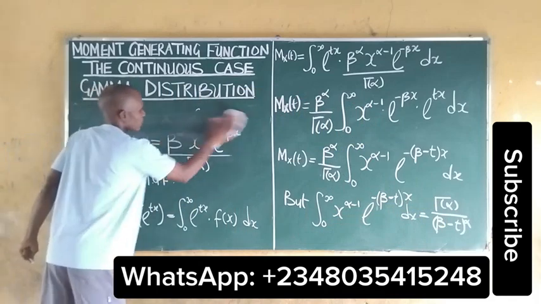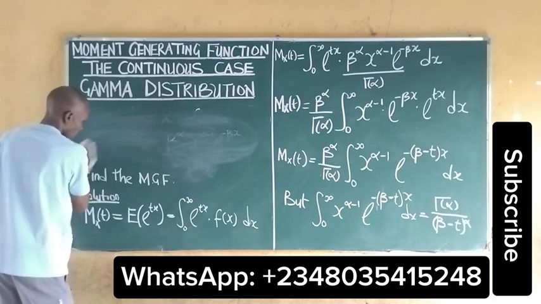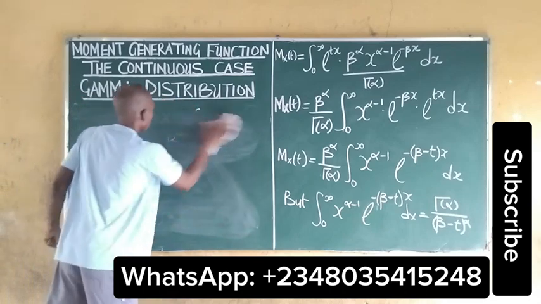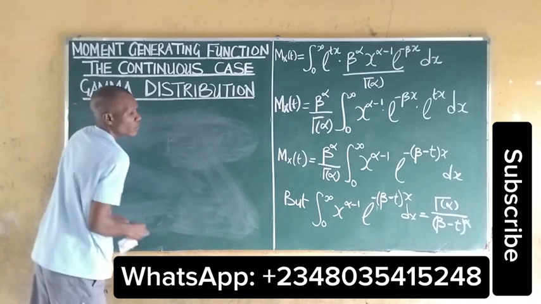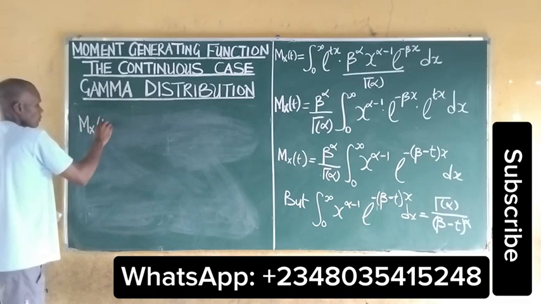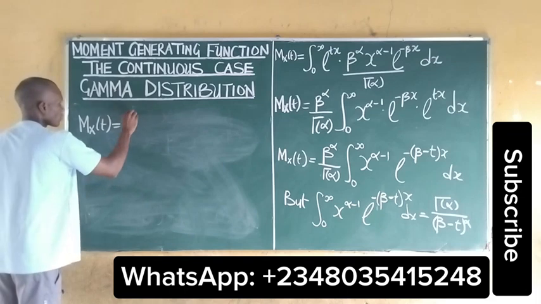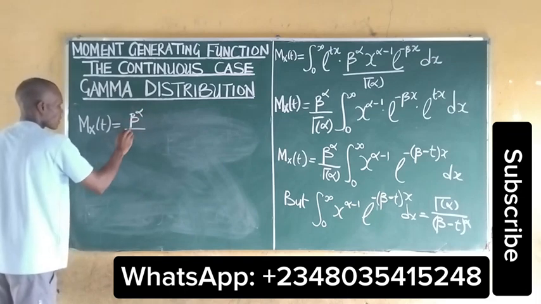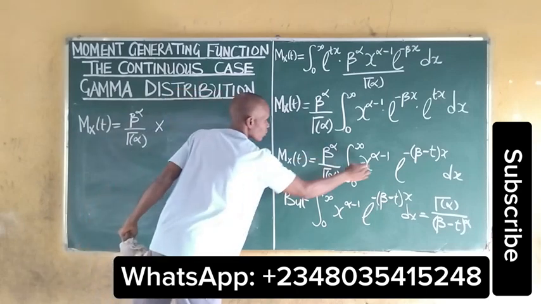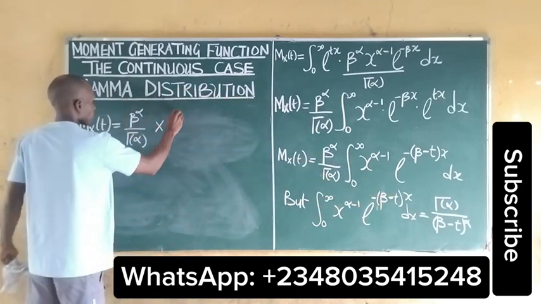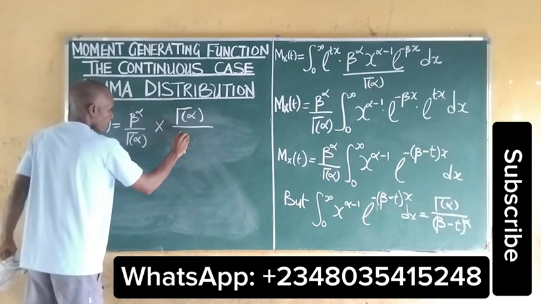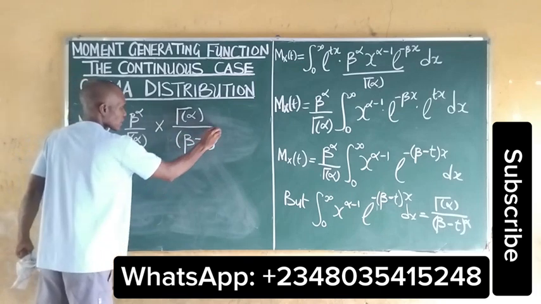So we have here our moment generating function to be equal to beta to the alpha all over the gamma function of alpha, multiplied by, instead of this function we put down this, gamma of alpha all over beta minus t to the alpha.